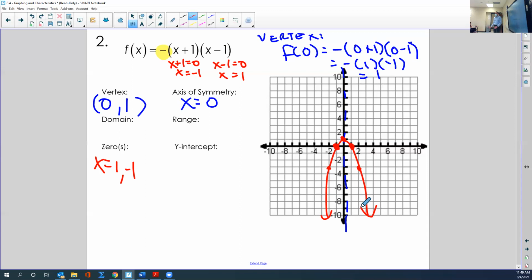Intercept form is a little bit tricky. If at all it fails and you're not 100% sure, you can FOIL it out. This FOIL out will be x squared minus 1. And then you can distribute that. That would be y equals negative x squared plus 1. You can graph from there, whether it's standard form or vertex form.